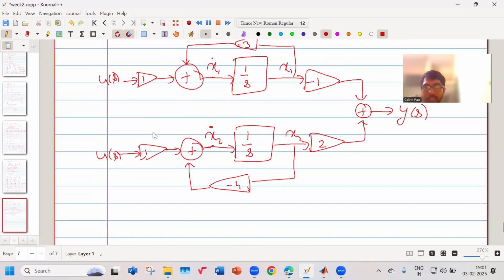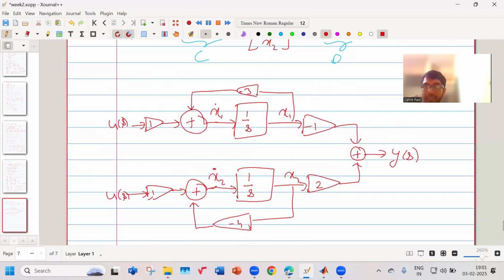So this is a way that is used by control system engineers to represent a system, kind of like a block diagram form. You can see the input is connected to each state, and the output comes from a combination of these states.